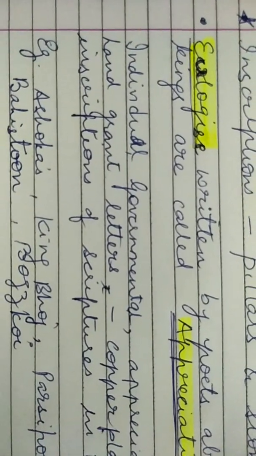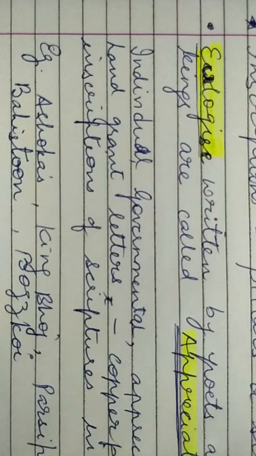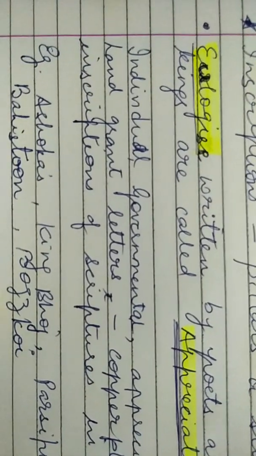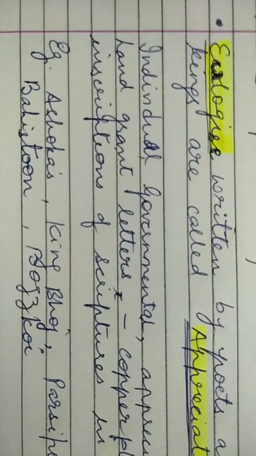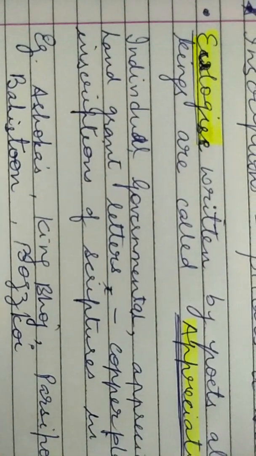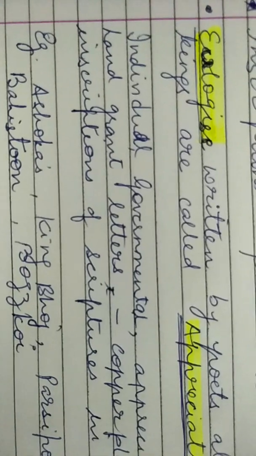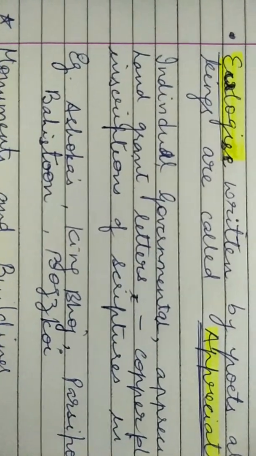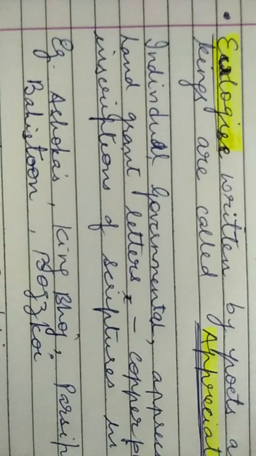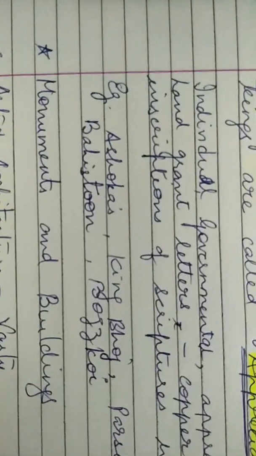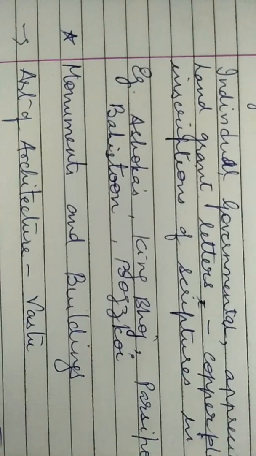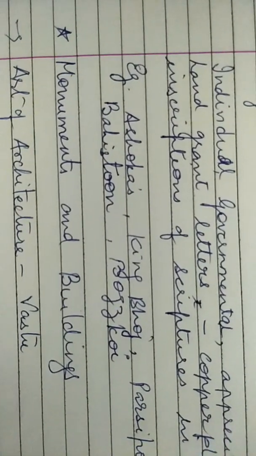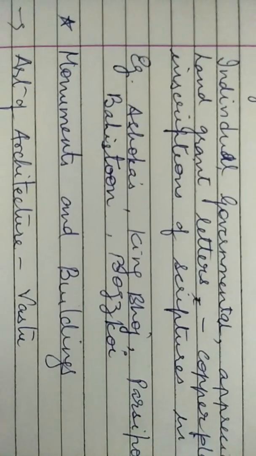Copper plates are also an important source of studying history. Inscriptions of the Gupta age are found in Sanskrit. Inscriptions found from abroad also provide us information on the history of India. Inscriptions of Boghazkoy in Asia Minor, that is Turkey, have provided us with ample information.